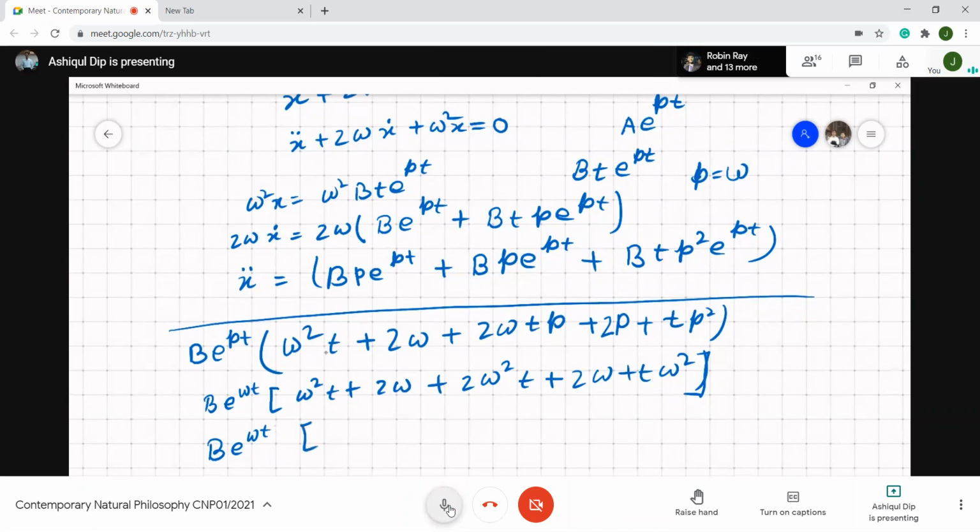Yeah, it's 4 omega square t plus 4 omega. Is that all? It's all right. Okay. Then we have b e to the power omega t, and if we factor out 4 omega as well, we get omega t plus 1, right? Yeah.